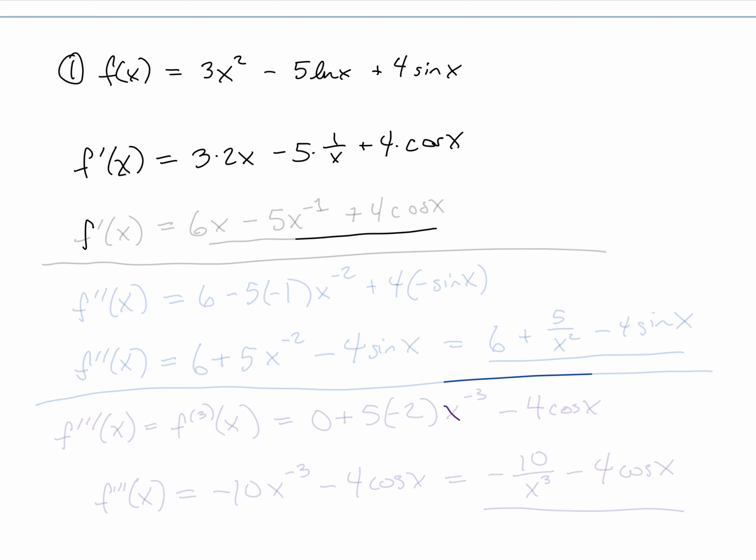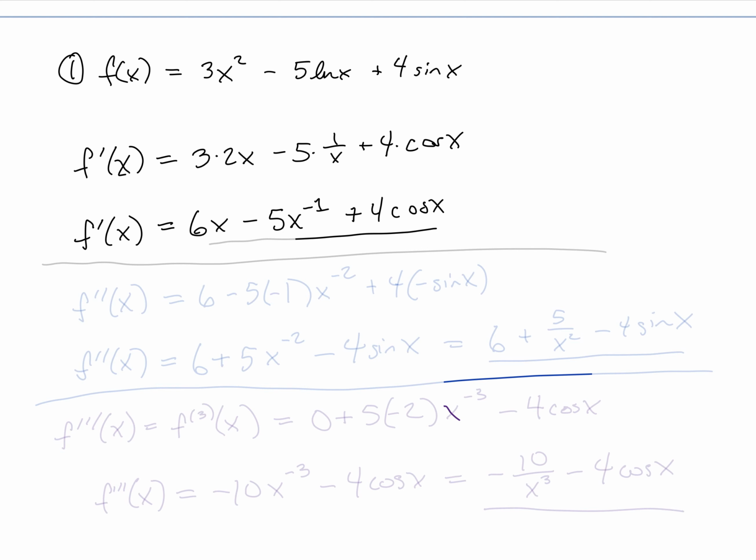And so we could simplify that to f prime of x, the first derivative, is equal to 6x minus 5 times 1 over x. We could also write that as 5 over x, but for now I'm going to write that as 5x to the negative 1. The reason I'm choosing to write it that way is so that it's easier to take the next derivative using the power rule, plus 4 cosine of x.